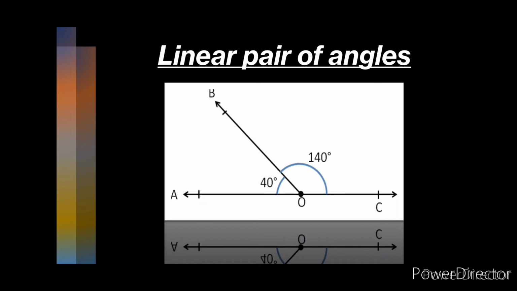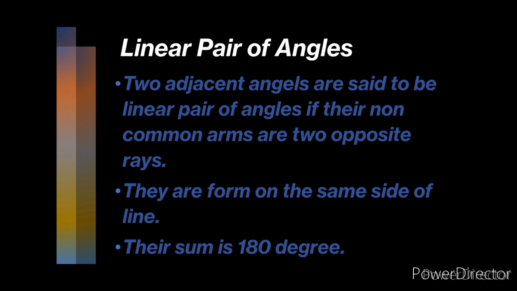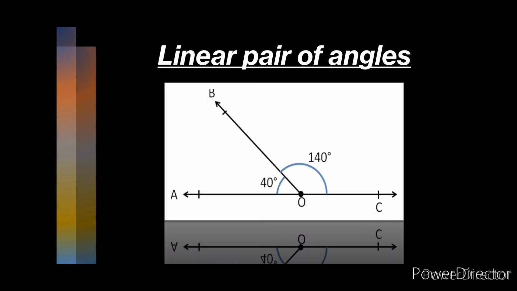Here we can say that these are opposite rays, meaning ray OA and ray OC are opposite to each other. And what are the other properties? Let's go through the next. They are formed on the same side of the line. Their sum is 180 degrees, meaning a straight line is there.